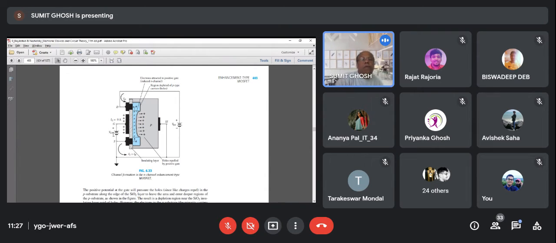ঠিক আছে? তো এই VGS এর ভ্যালু যদি 2 ভোল্ট হয়, আমি 3 ভোল্ট দিলে আমি কি বলতে পারি VGS থ্রেশহোল্ড থেকে কত বেশি? 2 ভোল্ট হচ্ছে থ্রেশহোল্ড ভোল্টেজ, তার নিচে কোনো চ্যানেল নেই। 2 ভোল্ট ক্রস করে গেলে চ্যানেল তৈরি হলো। যখন VGS এর ভ্যালু 3 ভোল্ট, তাহলে ডিফারেন্সটা কি হবে?